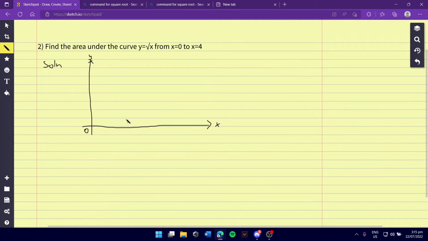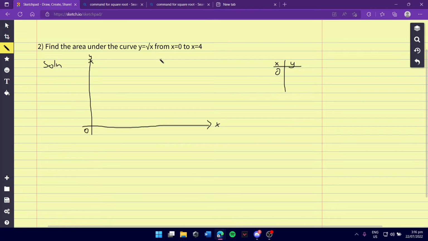For example number 2, we have: find the area under the curve y is equal to the square root of x from x is equal to 0 to x is equal to 4. So first, we're going to find your points. For solving the points, we will use again our tabular method.